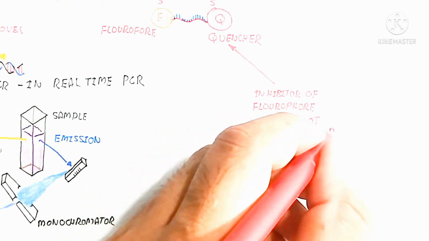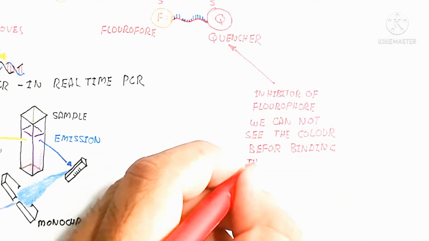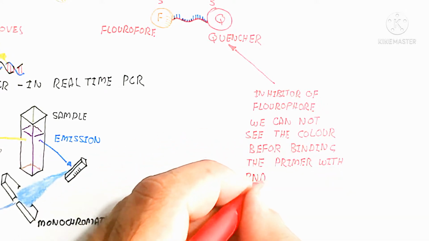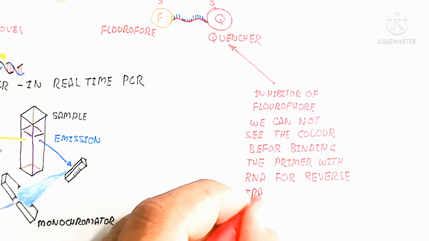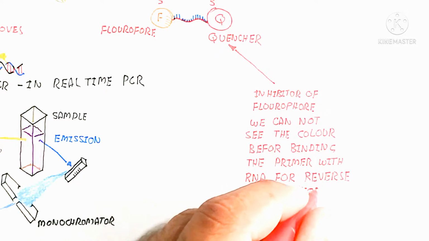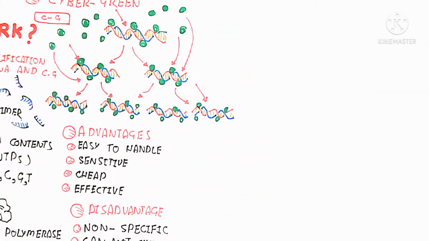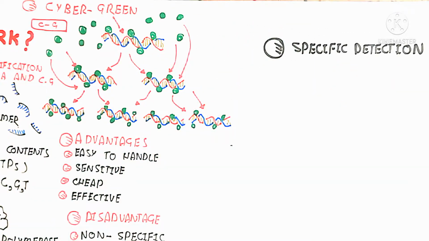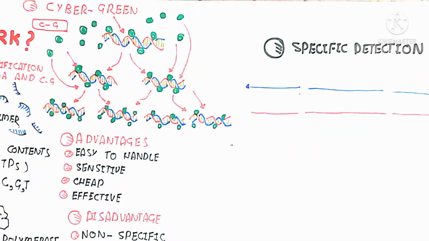This probe contains a fluorophore as well as a quencher. The quencher is attached with the fluorophore, and the quencher is the inhibitor of the fluorophore. At the time when the quencher is attached with the fluorophore, we cannot see the color.